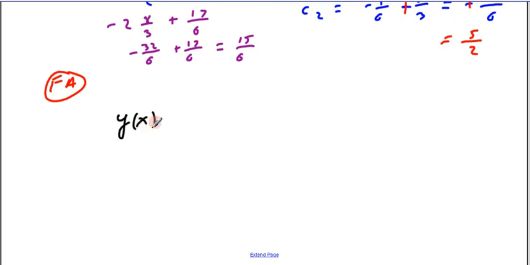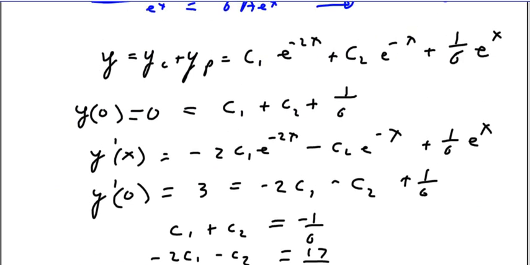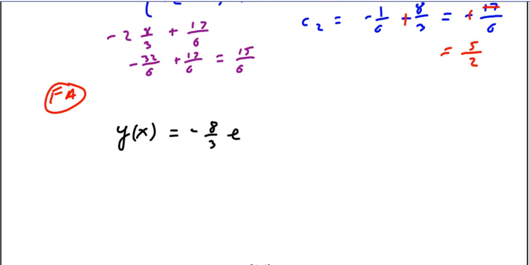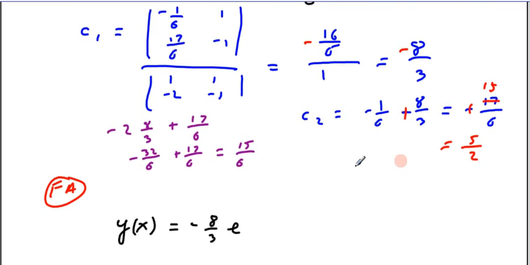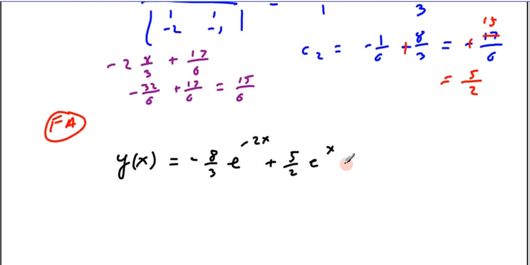Y of x is equal to C1, which is minus 8 over 3, minus 8 over 3 e to the minus 2x, plus 5 over 2 e to the x, or is it minus x? E to the minus x, plus 1/6 e to the x.